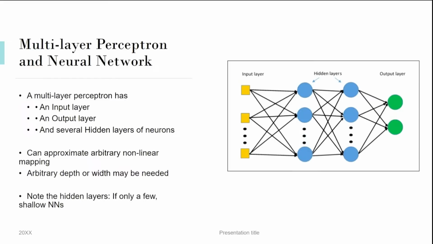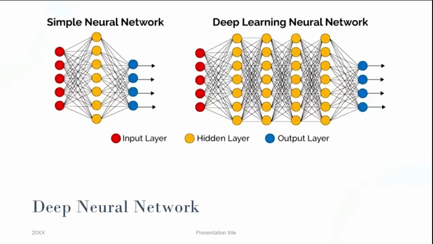So for approximating any non-linear function, we need a network of neurons. A neural network can be as simple as a single layer, or if there are multiple layers of neurons, then we call it a deep neural network.